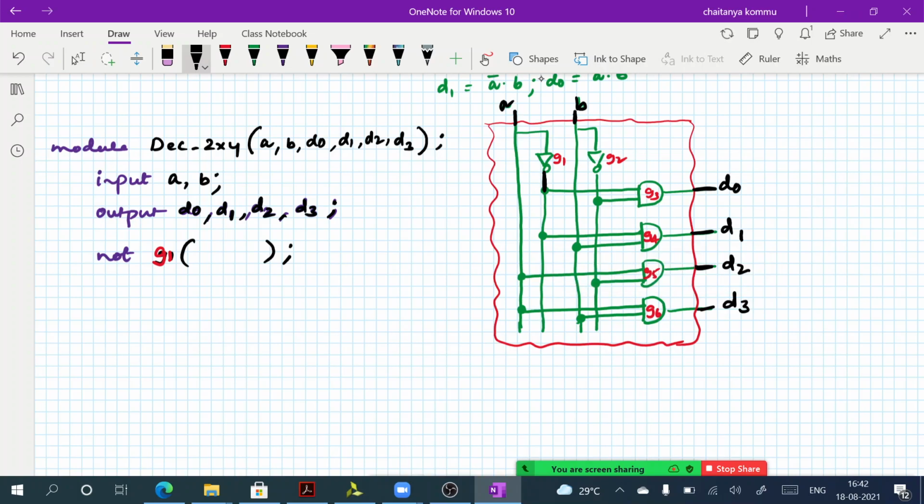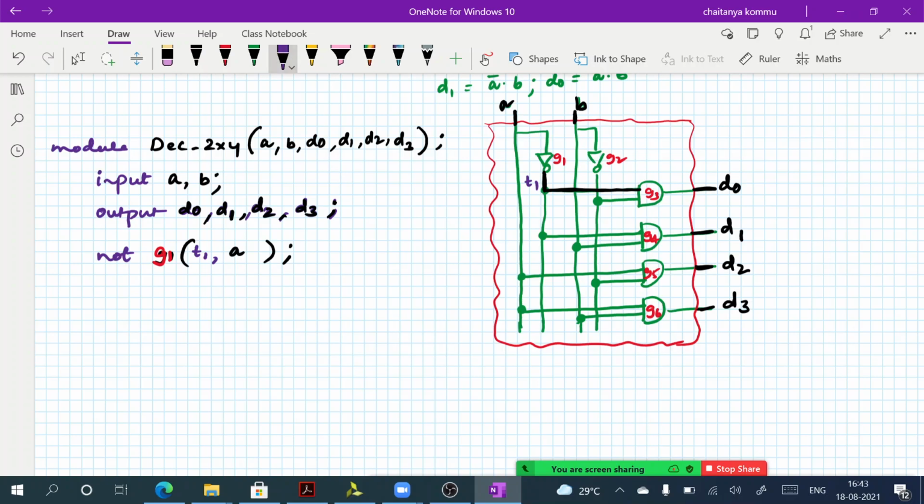Do we have any name for the output of this gate? No, we have to mention it. Let us write this is T1. So the output of the first gate is T1. Next, what is the input here? A is the input here.